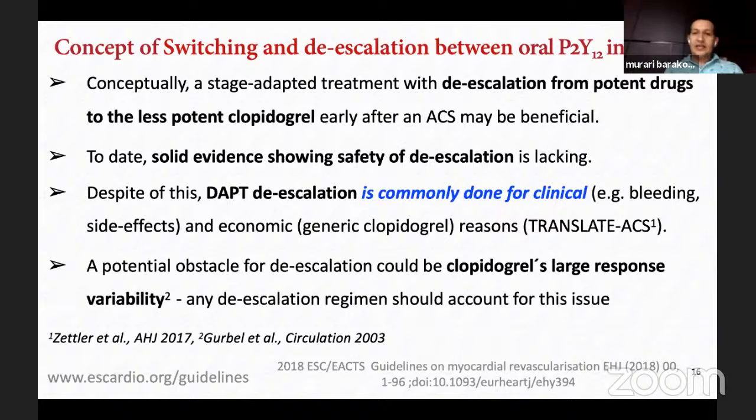But if it has a change in the allele, then the conversion from clopidogrel prodrug to the active drug is hampered, and the effect of the drug is reduced. So that point has also been tested, and if available, it has to be tested. And if it is a wild type, we can very confidently use this medicine. But if not, then we really have to consider alternatives.